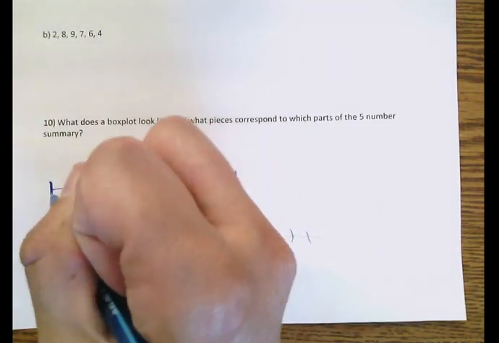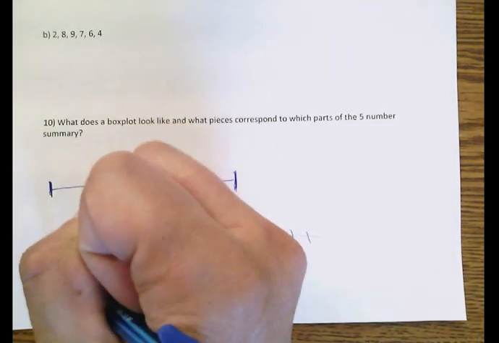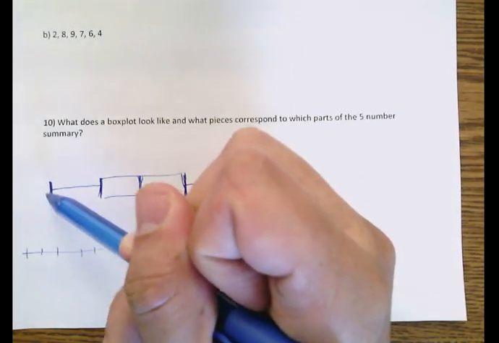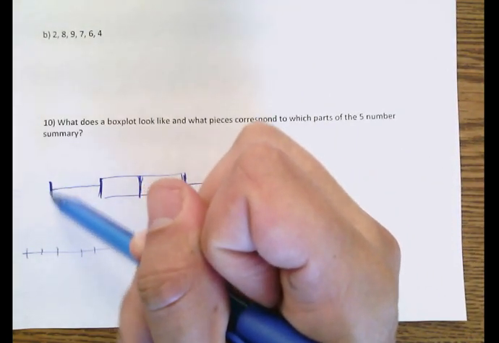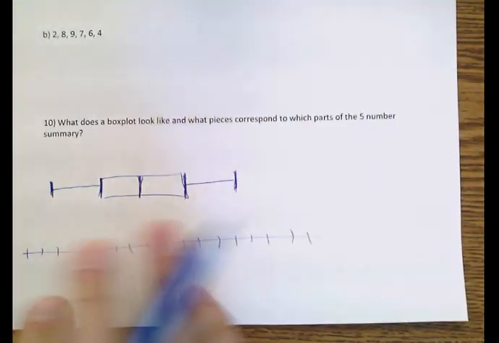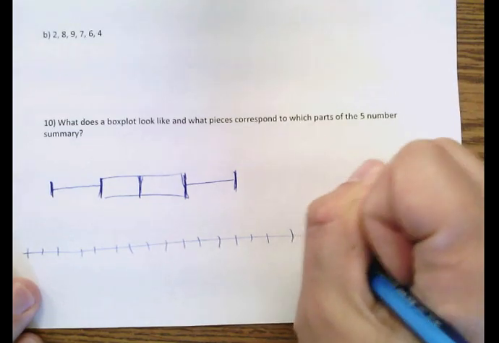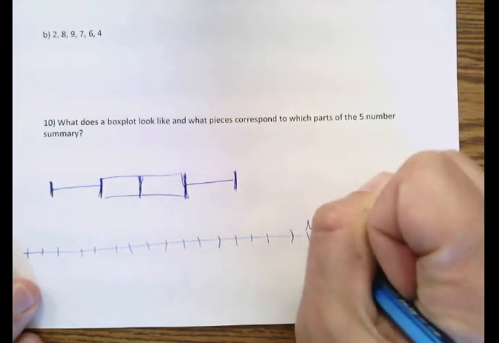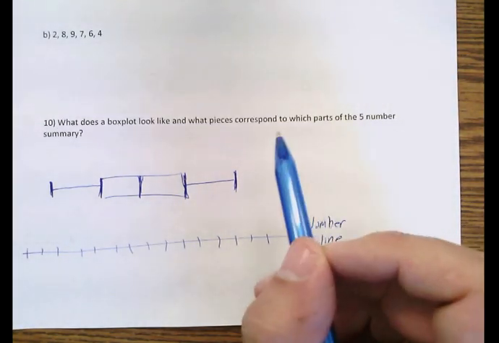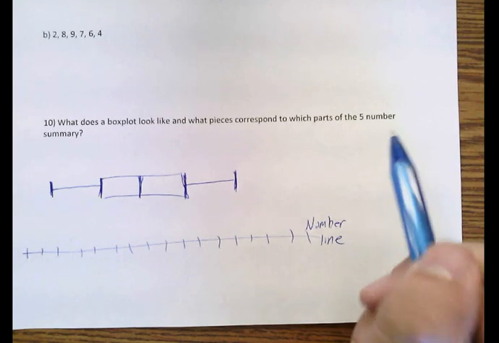So if I can look at where this whisker ends, I could use the number line down at the bottom to know which number coincides with this piece of the box plot, which number corresponds with this piece of the box plot. That's why you want to provide that number line, so you can have a little bit of context on what is going on there.